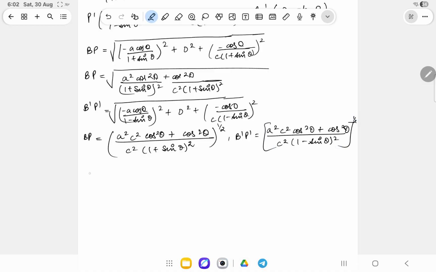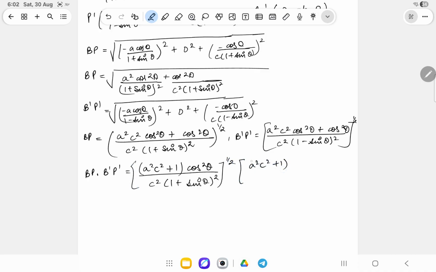So my BP dot B dash P is basically a square c square plus 1 into cos square theta upon c square into 1 plus sin theta whole square raised 1 by 2, and B dash P is a square c square plus 1 into cos square theta upon 1 minus sin theta whole square raised 1 by 2.